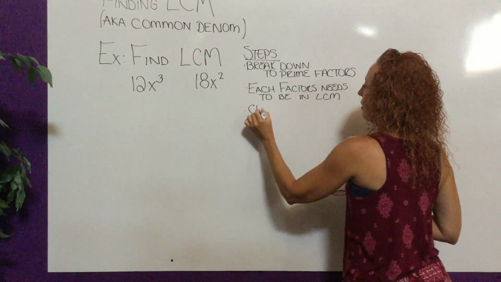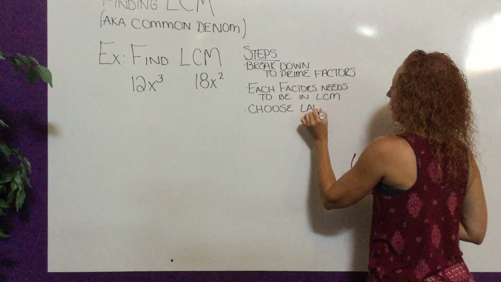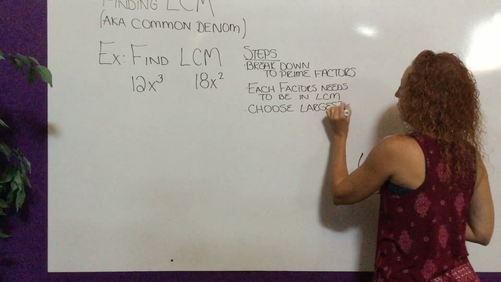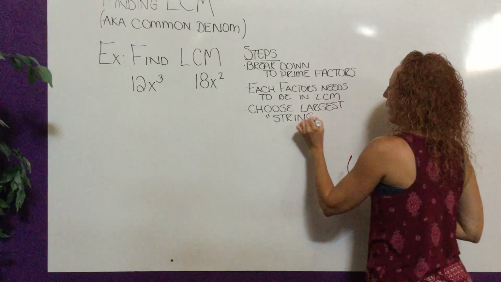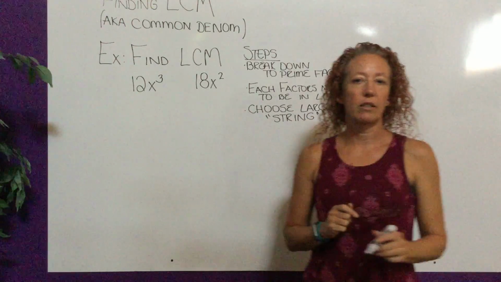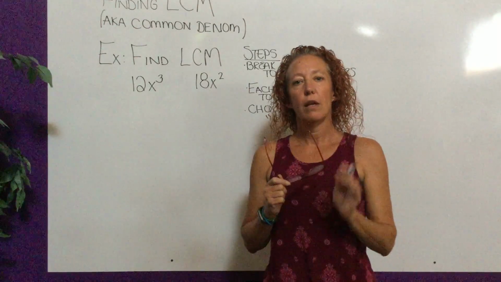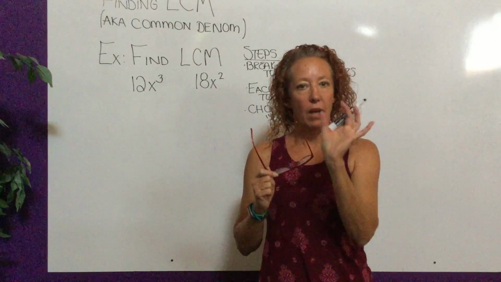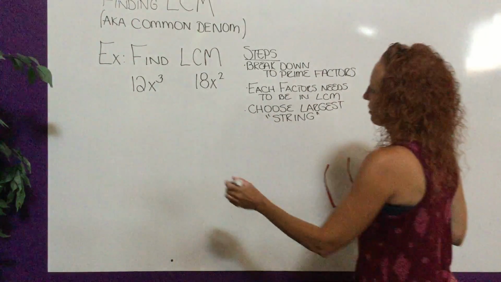And you choose the largest string. And I will explain what I mean by that in just a moment. So you choose, if one factor comes up multiple times, you choose the more times, the higher exponent for any particular factor. So let's start here.